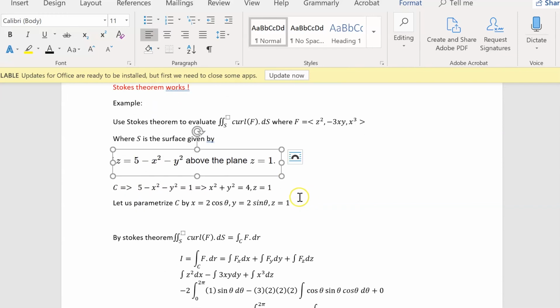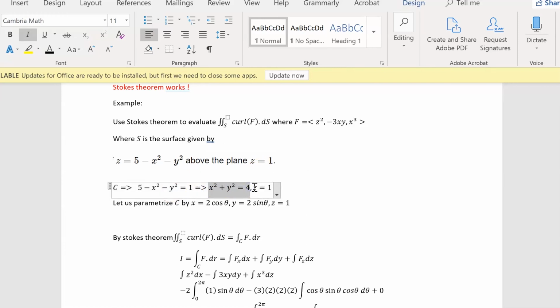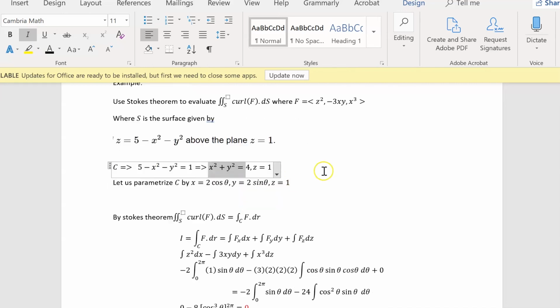So the boundary curve will be x squared plus y squared equals 4, because the plane z equals 1 crosses the cylinder, giving a circle. We can parameterize this using cylindrical coordinates: x equals 2 cosine theta, y equals 2 sine theta, and z equals 1.